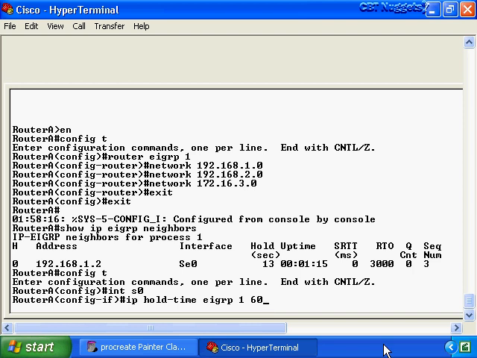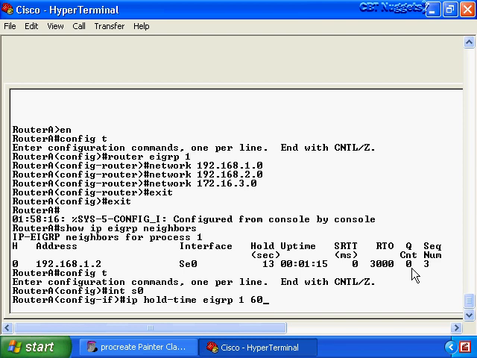Now, one other quick thing I want to show you before we go back to look at some other topics is this. If you run the show IP EIGRP neighbors command, and you get this entry, notice the queue count. The queue count is kind of important to look at, and if on a regular basis this value is anything greater than 0, and again, the queue is really just what packets are waiting in line to be sent.